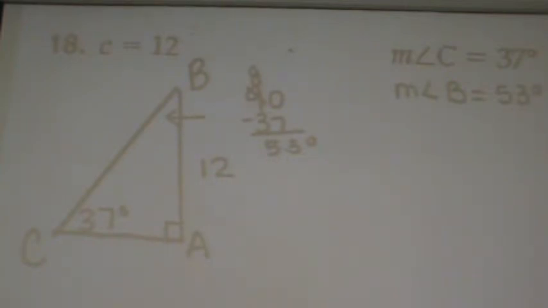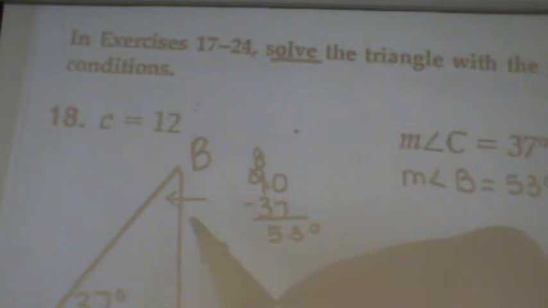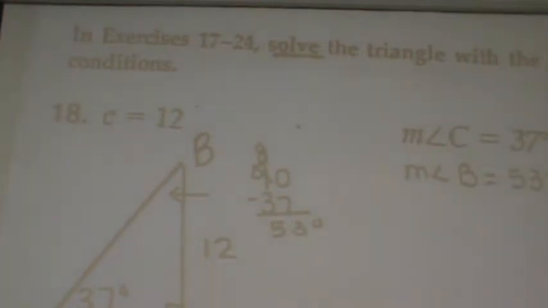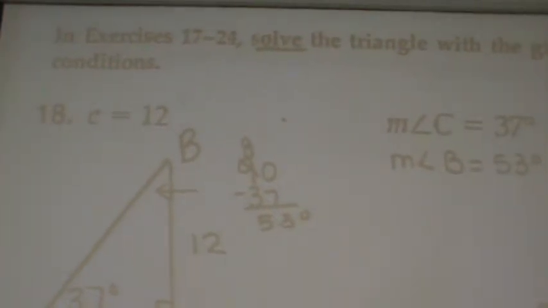Huh? How do we know it was 53? How did you know you were solving for angle B? It says solve the triangle. It means find all the angles and all the sides. Solving a triangle means finding all of the angles and all of the sides. I have to do everything. And these are right triangles, so one angle is 90 degrees.